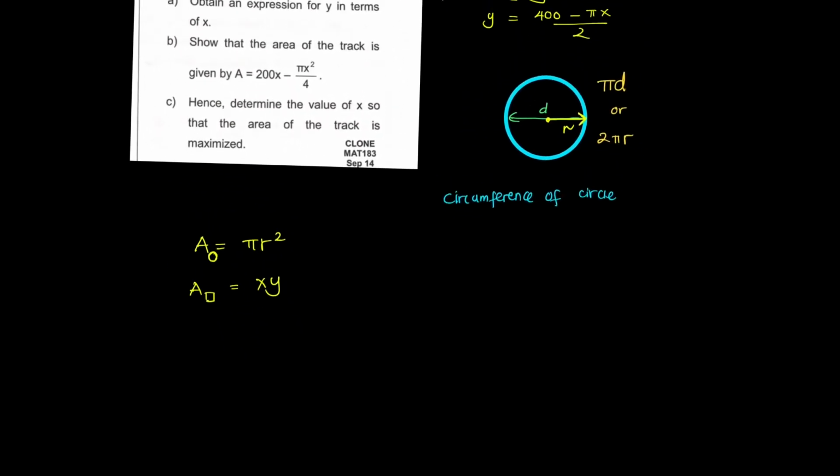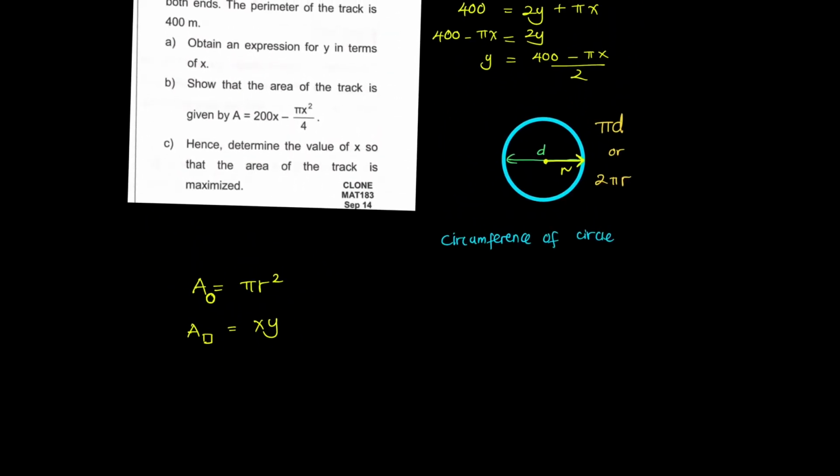It is equivalent to x multiplied with y. So xy is the area of a rectangle. So the first one just now was the area of circle. In order to get the total area, you need to add them up.